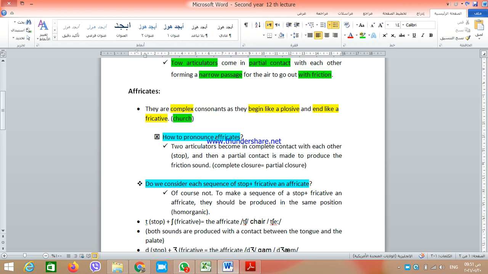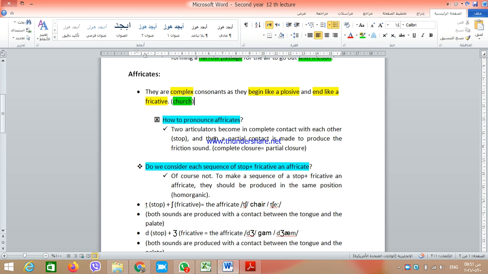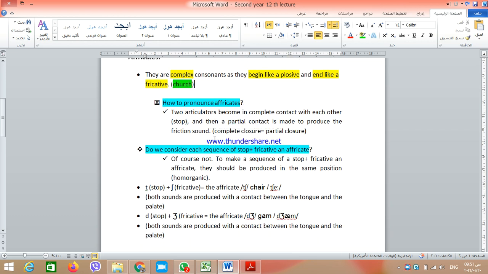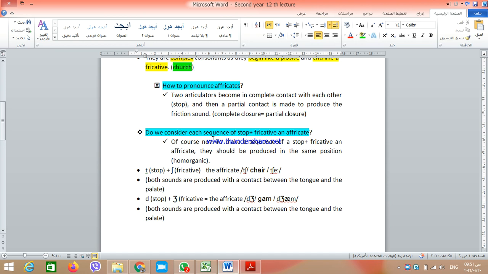Just like the first and the last sound in the word church. So the sound ch is a complex consonant. Why? Because it starts like a t sound, which is a plosive, and ends like a sh sound, which is a fricative sound.